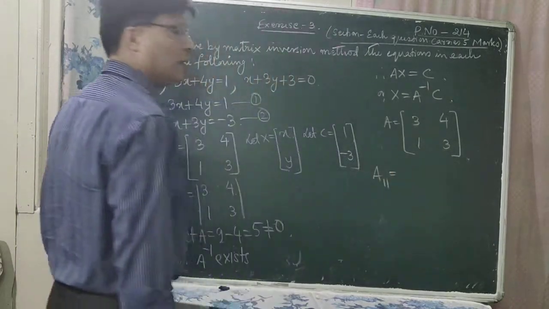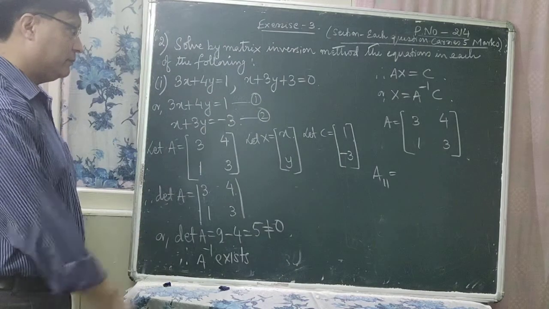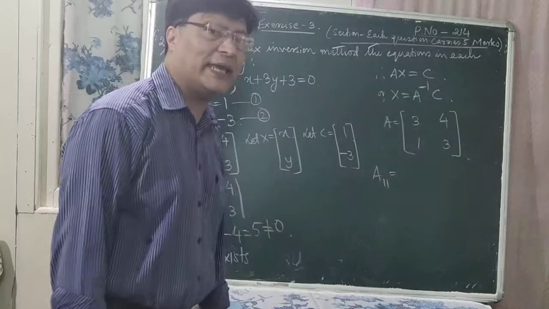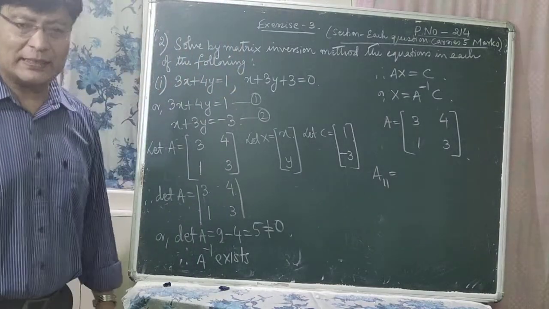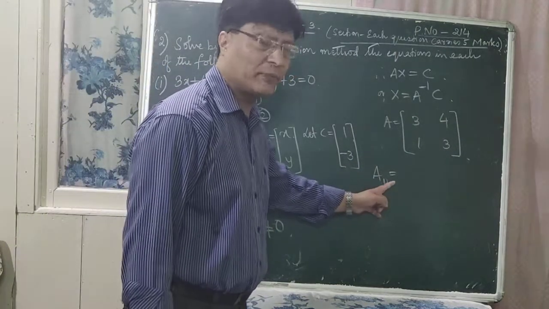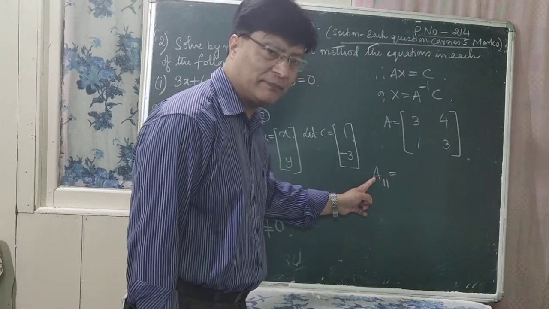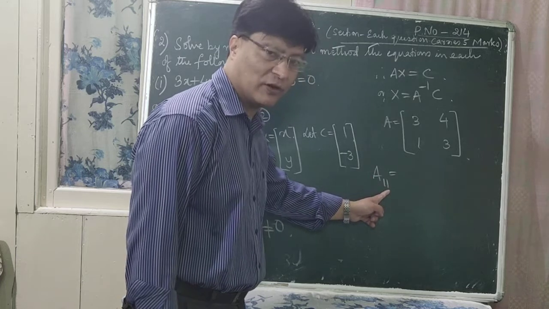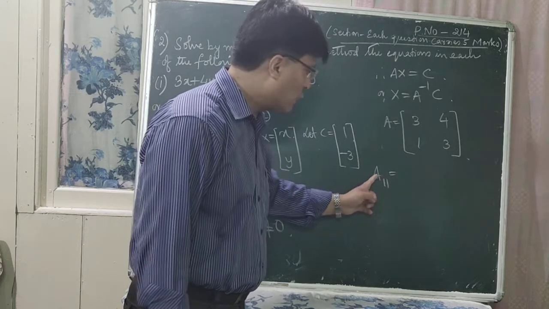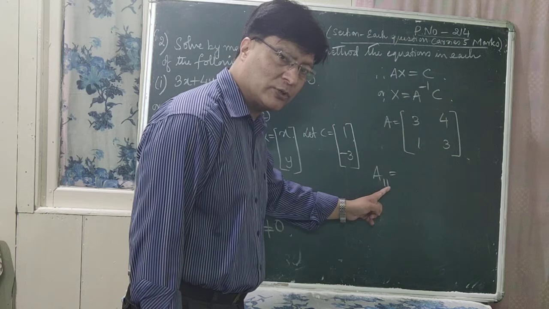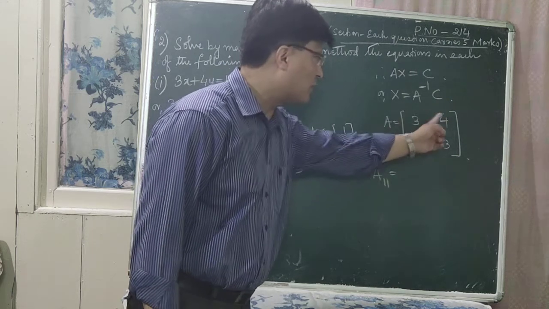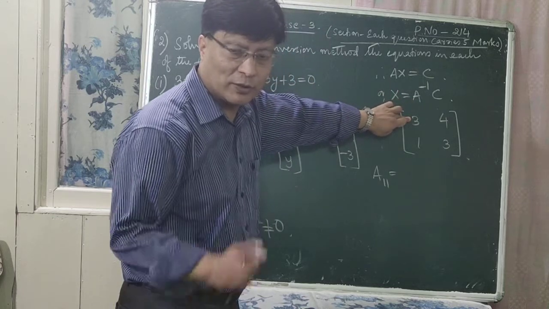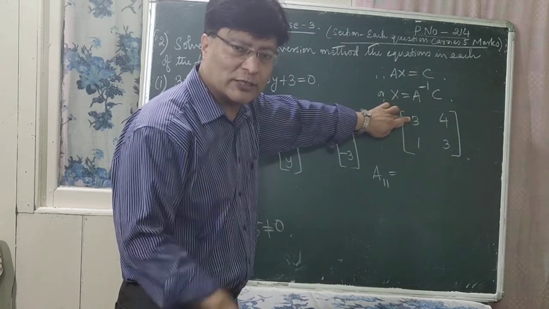So let us write it as A11. What is A11 actually? A11 means the cofactor of the element which belongs to the first row and the first column. That means 3. You should know the cofactor of 3. In order to know the cofactor, you should consider the sign.